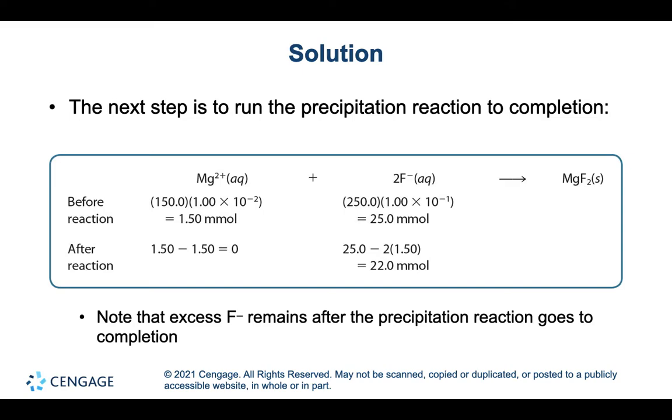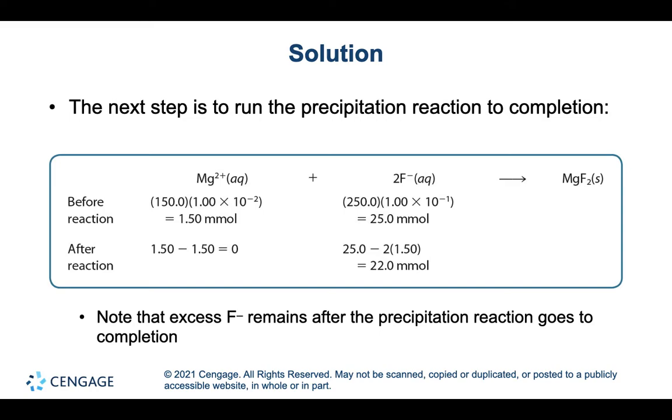If we take the milliliters times the molarities, we find out that the magnesium plus 2 is 1.5 millimoles, and the F minus is 25 millimoles. So we can see that we have a large excess of F minus. Even though it takes two of them, 1.5 times 2 would be 3 millimoles, and 25 is a lot bigger than that.